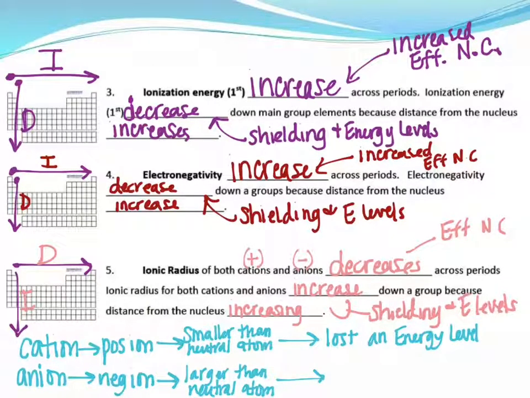When they come together, they go apart. They repel. Because we've added more electrons in here, they start to repel each other. So the anion gets larger than the neutral atom because we added electrons, which causes repulsion. We've added more negatives in there, so they're going to spread apart from each other.